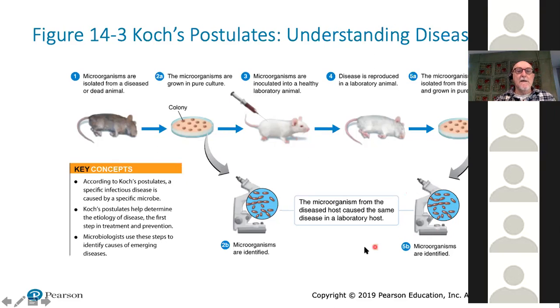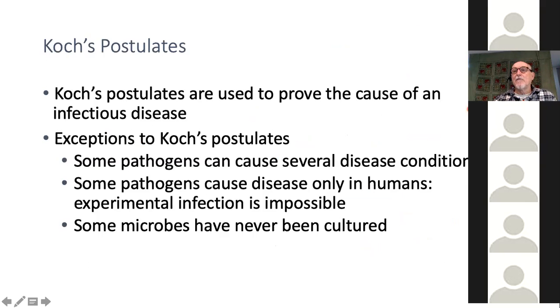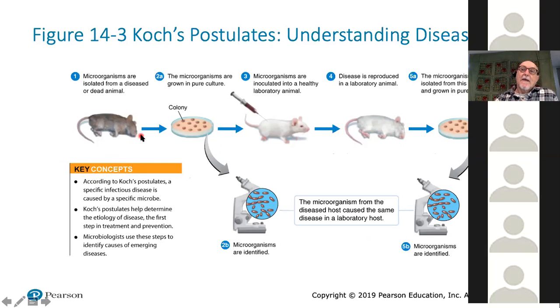But there are some problems. We often just instinctively use Koch's postulates when investigating a new disease, but there are a few problems with using them. The first is, if we go back, it is possible, and it really does happen, that the same bacterium can cause a different disease.